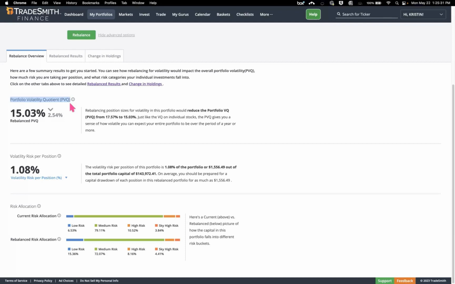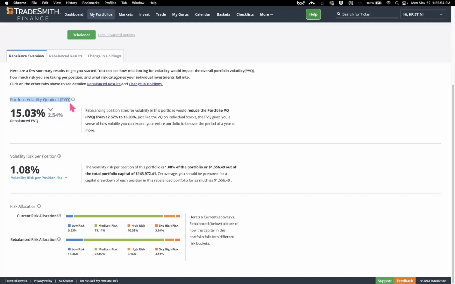Just like we can see a stock's VQ as a certain percentage, we can actually do it for the entire portfolio. That's the whole point of the risk rebalancer tool, to do all of the stocks in the portfolio.